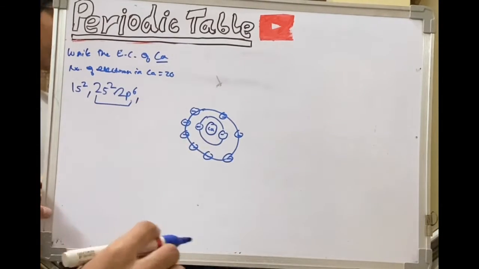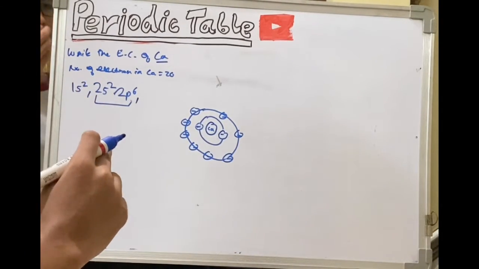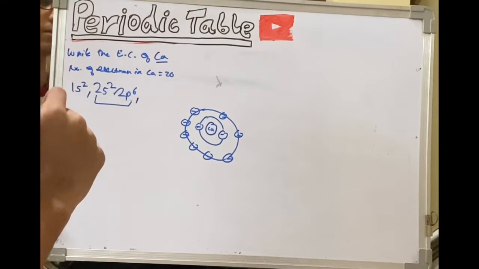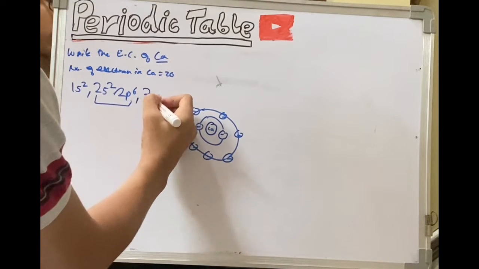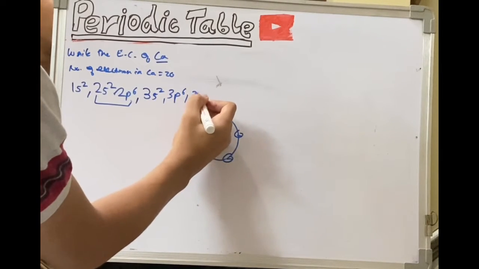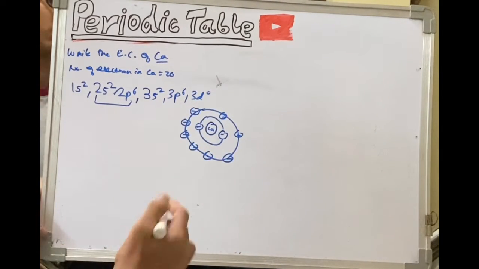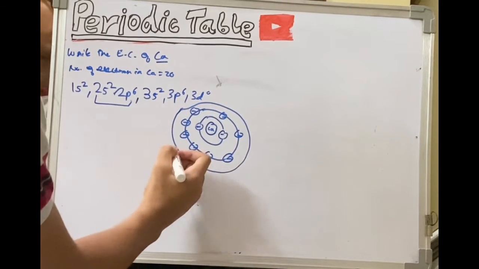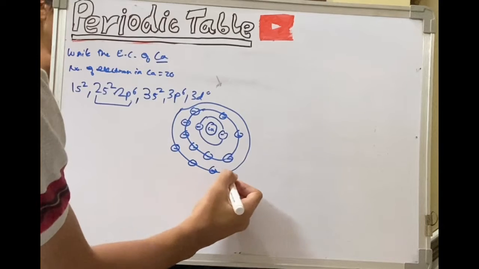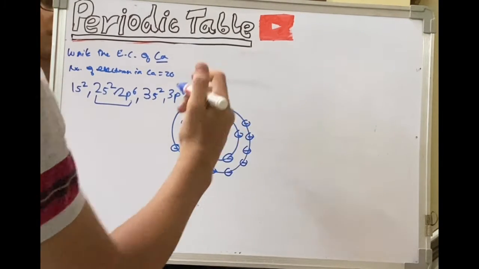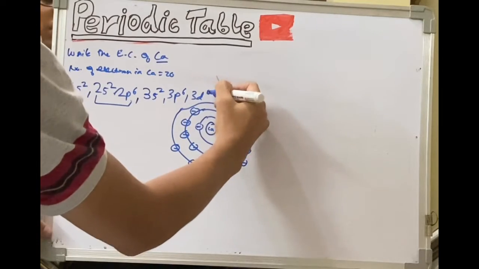For the third period, we had 3s and 3p. We won't get d. So it will be 3s2, 3p6. Now 3d can also come, but it will be 0 because these are already occupying all the electrons. So it will be again 8.